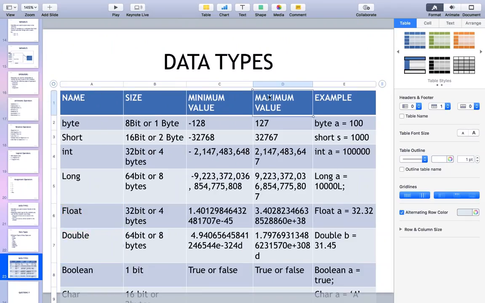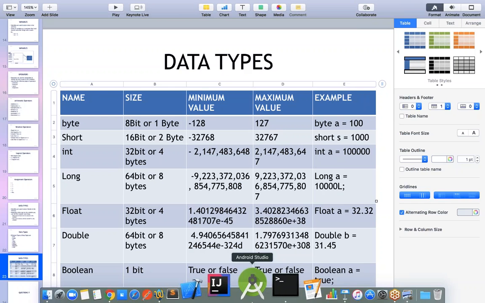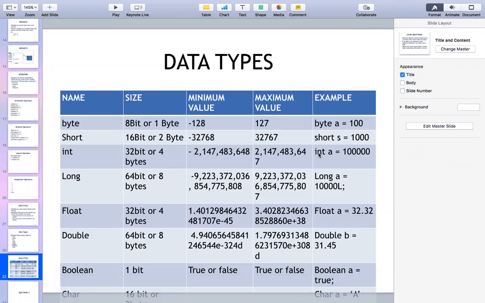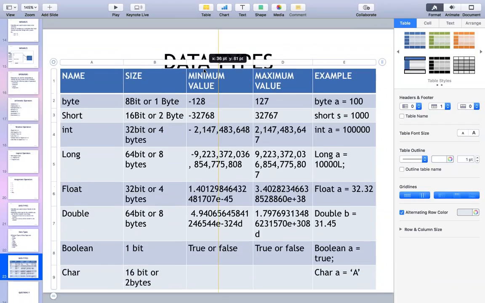So what are the remaining two data types that we have? We have a boolean and a character.